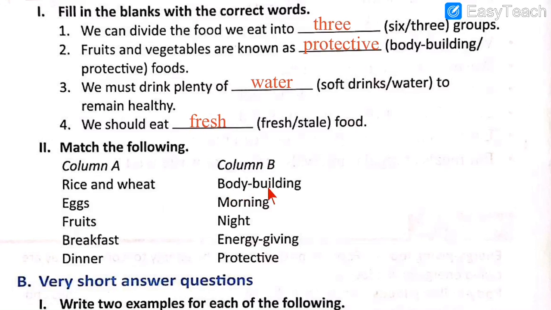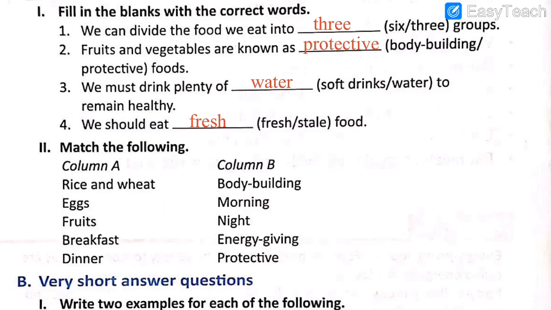Column B: bodybuilding, morning, night, energy giving, protective. Now we shall match column A with column B. We have to find the right match for each question from the answers given in column B. It's a fun game and you can also write the answers. Before it is shown on the screen, I want you to write the answers quickly in your notebooks and then you can verify your answers with me.